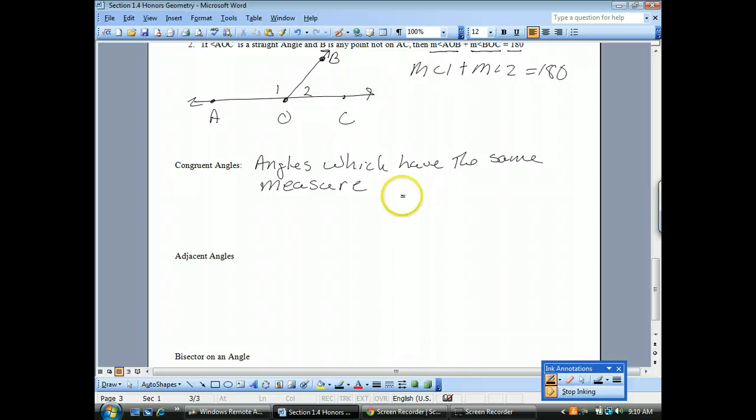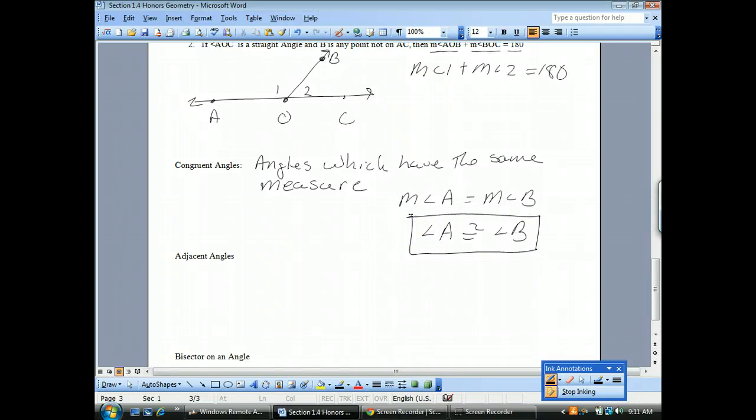So measure of angle A equals measure of angle B. So if we're talking about the measurement, they're equal. And because they're equal, now we can say angle A is congruent to angle B, because they're both angles and they both have the same measure. Now we can say that they are congruent. They meet the two conditions.